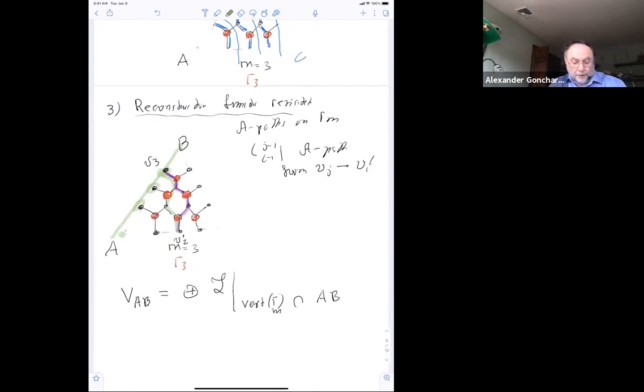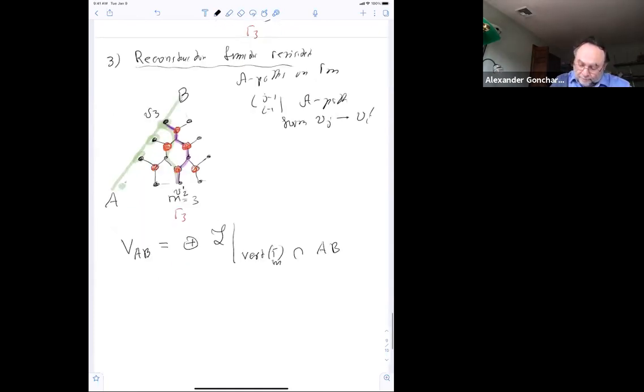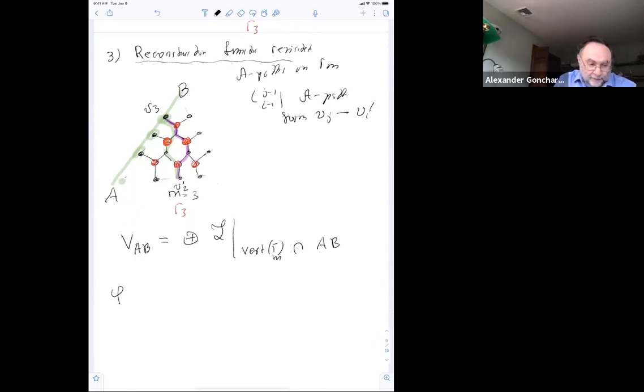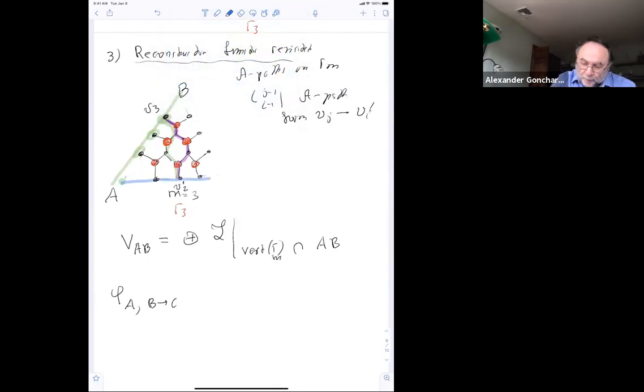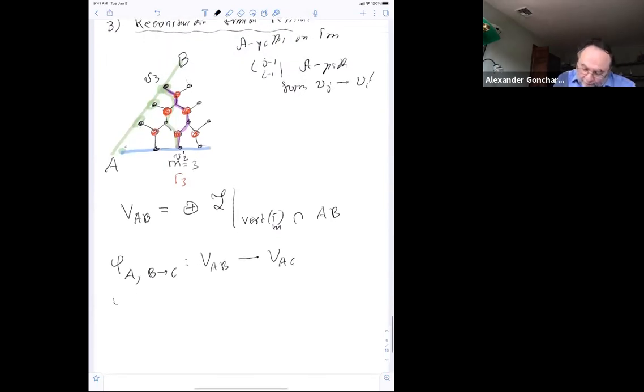And now I want to describe an isomorphism between one space and the other. Phi_{AB to C}. This is going to be an isomorphism from this green one to the blue one. So it's a map from V_AB, one vector space, to V_AC. And it's given by a very simple formula.